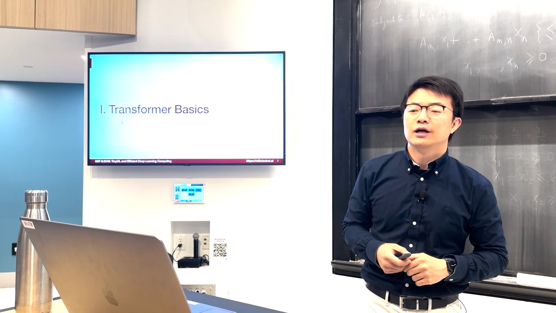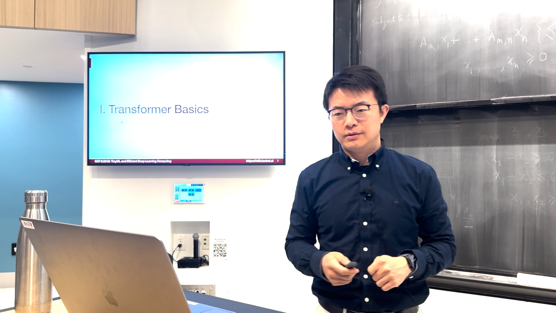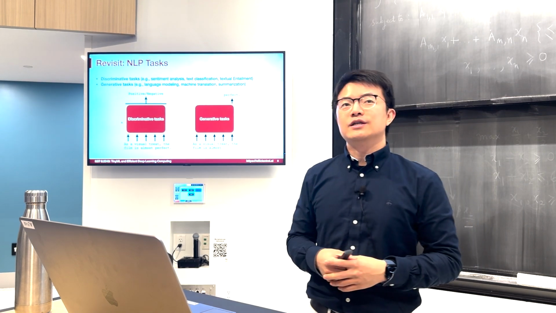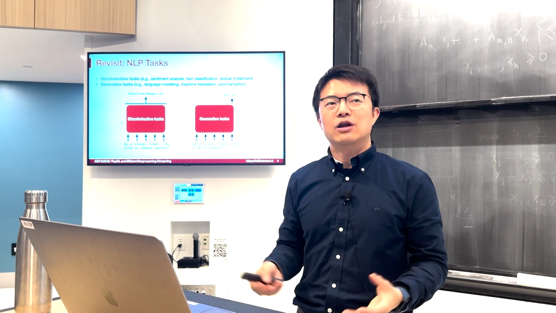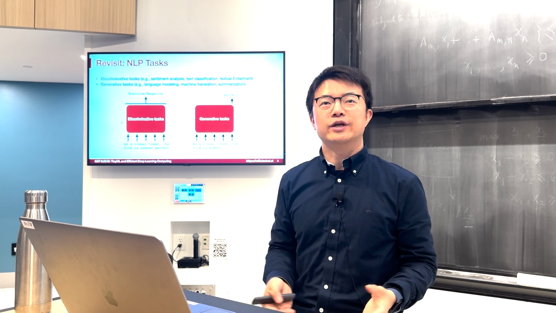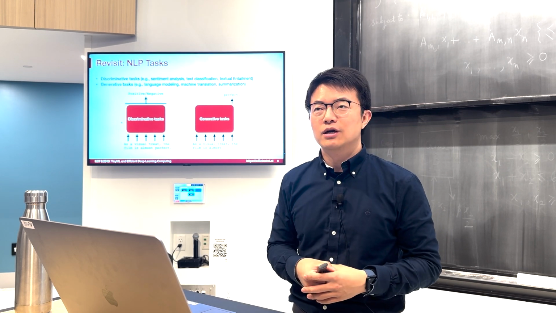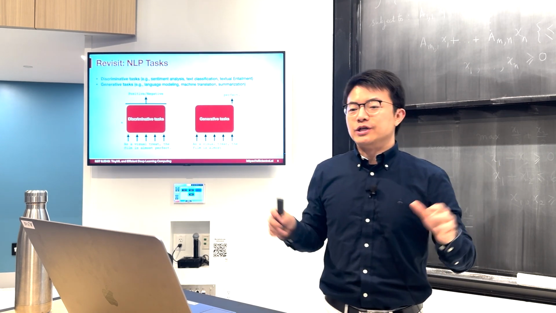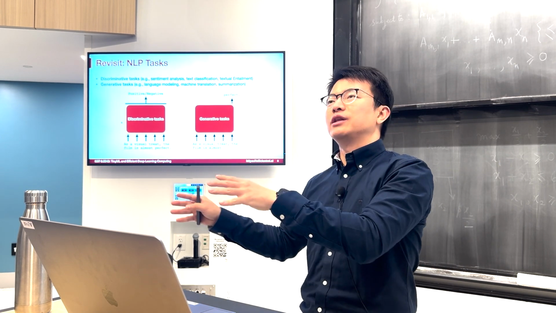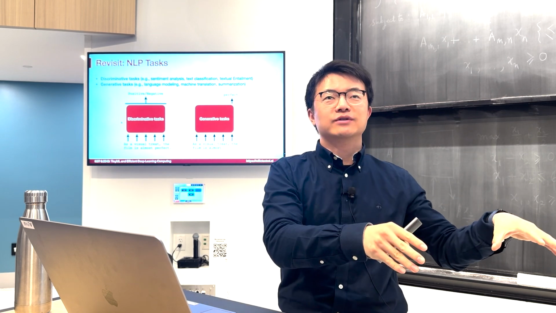Okay, first chapter, transformer basics. Let's first revisit very quickly the NLP tasks. What are the categories of NLP tasks? What is the history? How did people used to deal with it before the transformer era? Roughly two categories of tasks. One is discriminative task. The other is generative task.